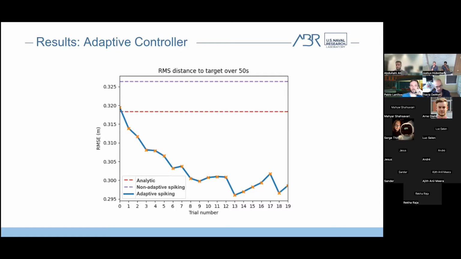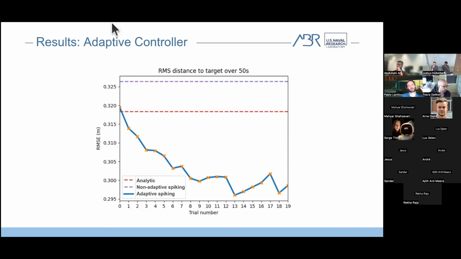Intuitively, you can think of it as a gain setting kind of issue. If we had the analytic controller set with gains high enough that it was exactly tracking the target trajectory, then it would not be possible to improve upon this.